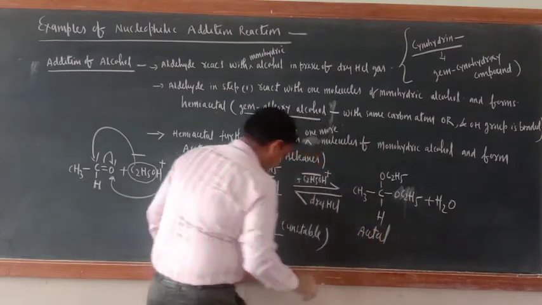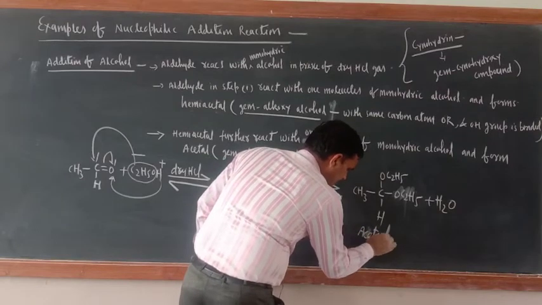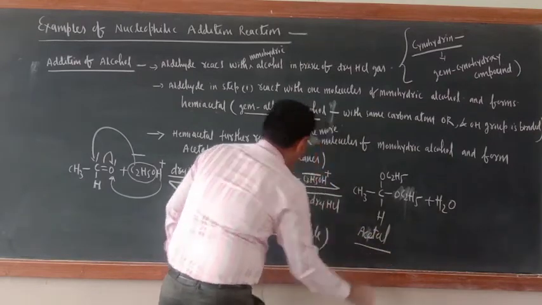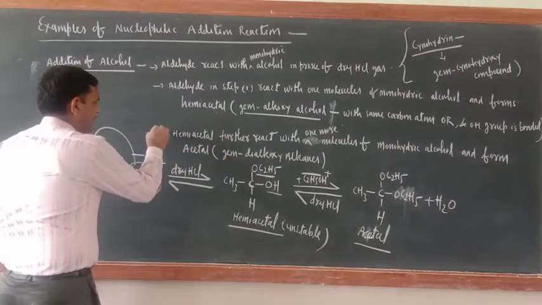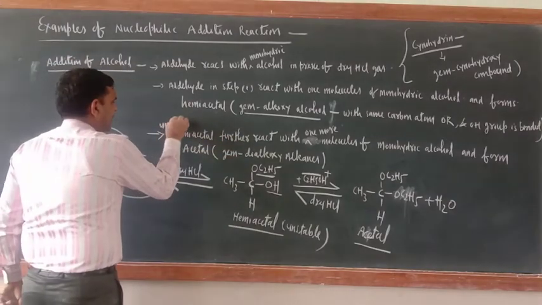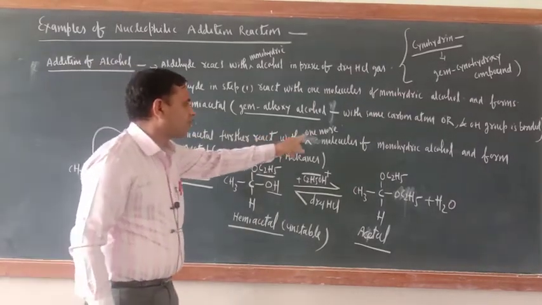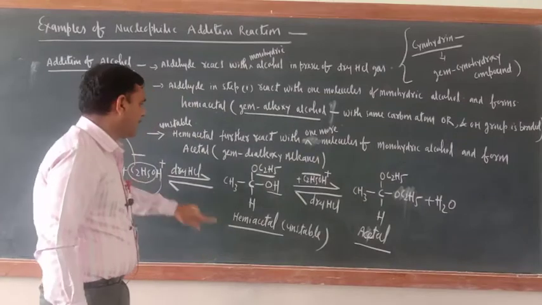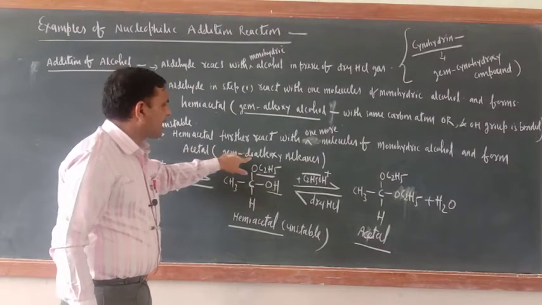Earlier it was hemiacetal, this is acetal. What is acetal here? Just see, the unstable hemiacetal further reacts with one more molecule of monohydric alcohol and forms acetal. What is acetal? Gem dialkoxy.